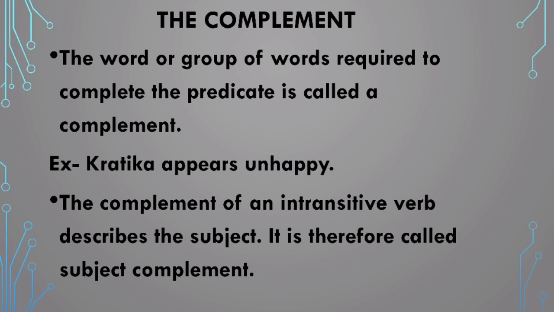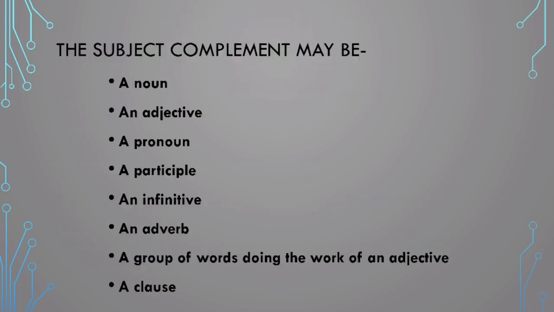Now, our subject complement may be a noun, adjective, pronoun, participle, infinitive, adverb, or a group of words doing the work of an adjective or a clause. These could be the subject complements, right?